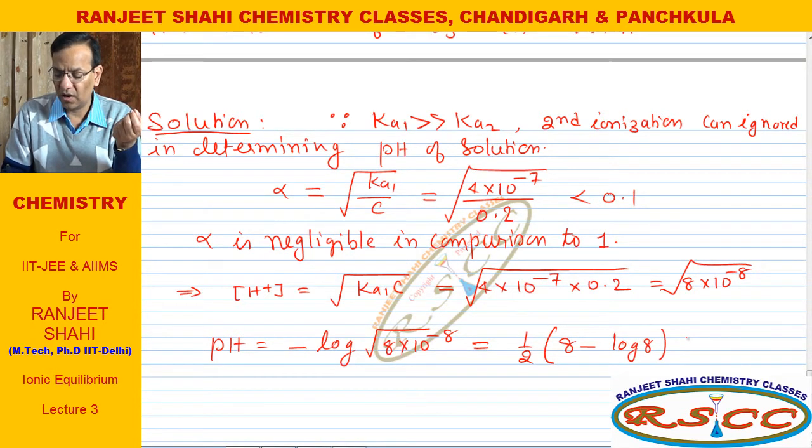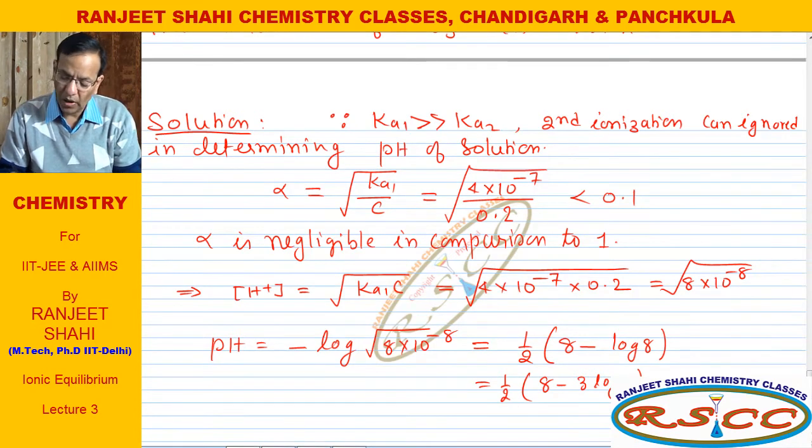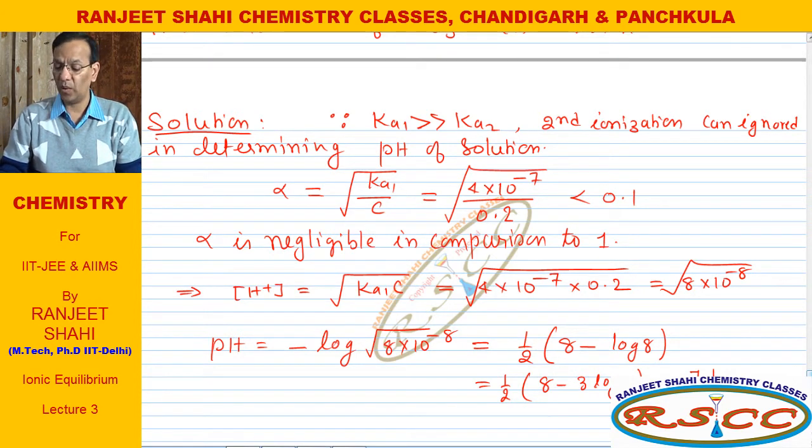Log 8 can be written as 3 log 2. So it is 1 by 2 into 8 minus 3 log 2. Log 2 is 0.3, so 0.3 into 3 is 0.9, 8 minus 0.9 is 7.1, divided by 2, so it is 3.55. So that is the pH of solution of carbonic acid.